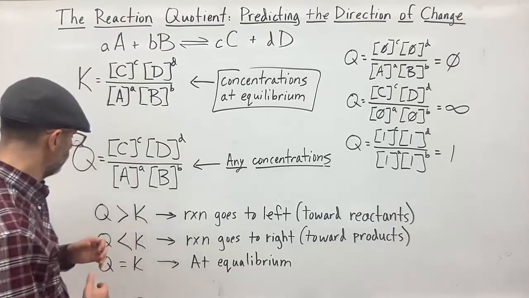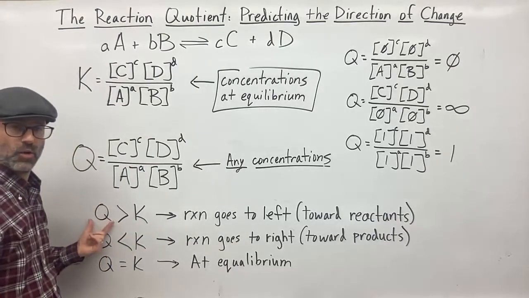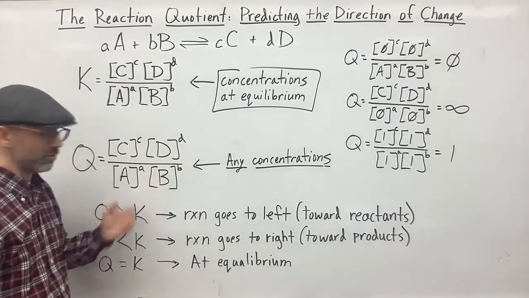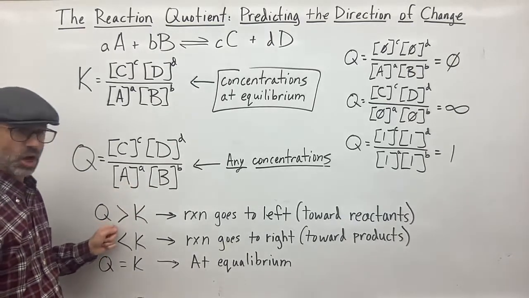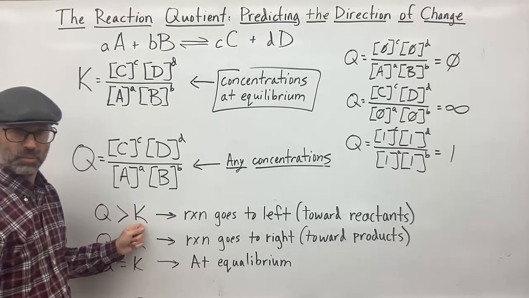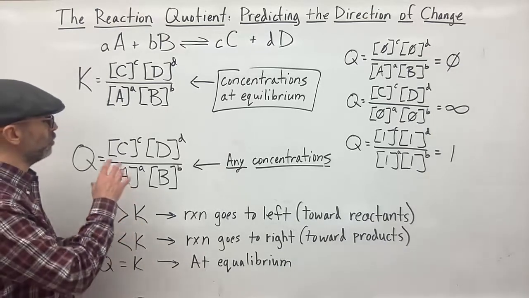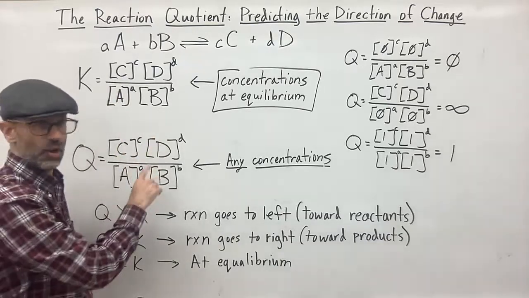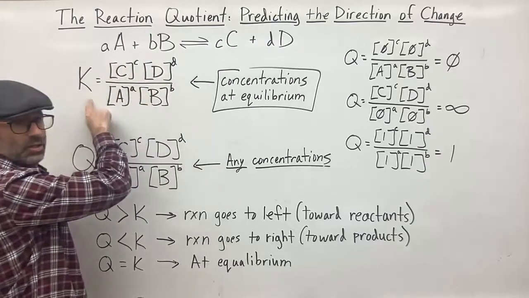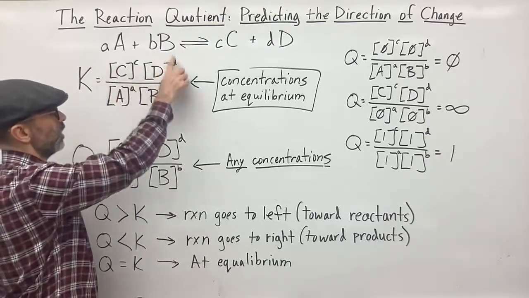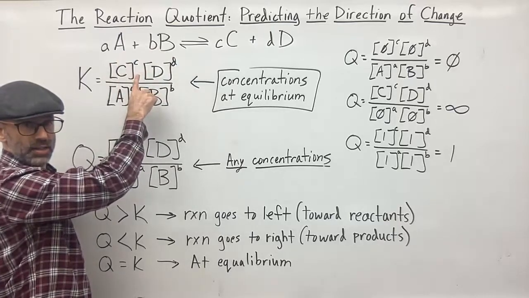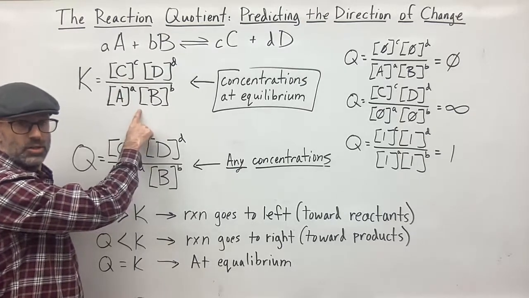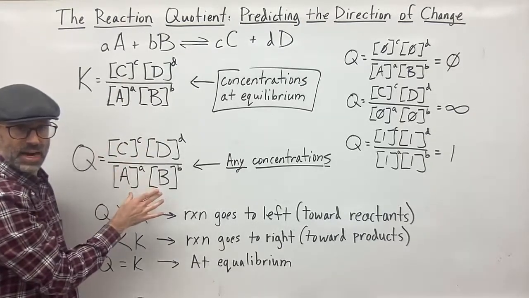For example, if you calculate your Q from the concentrations you have and you find that it is larger than your equilibrium constant, think of this as a ratio of products to reactants. The equilibrium constant is the concentration of the products on the top and the concentration of reactants on the bottom. Your quotient is the exact same way.